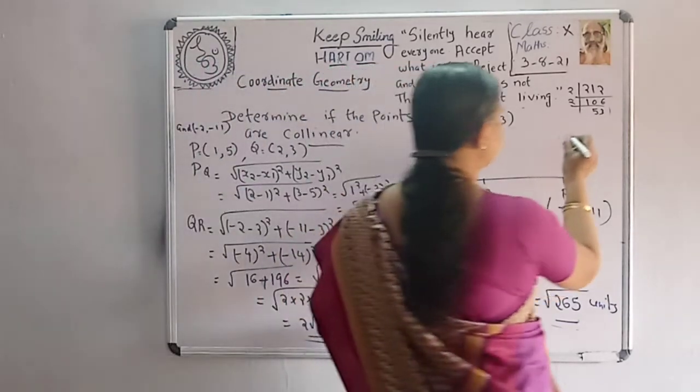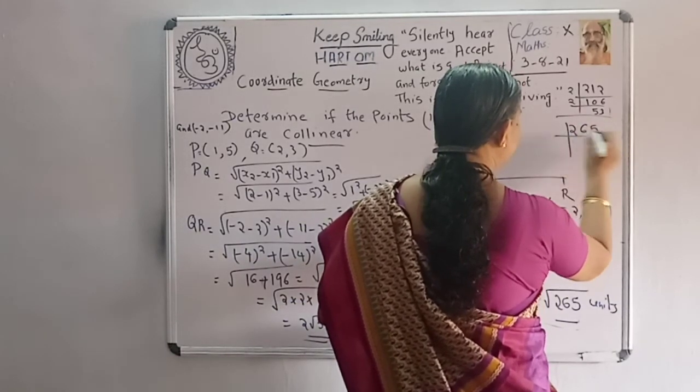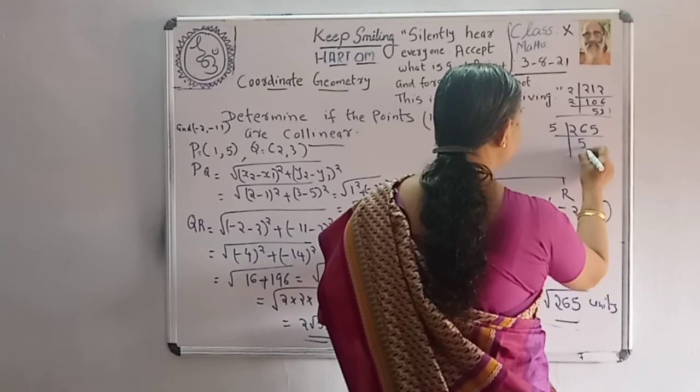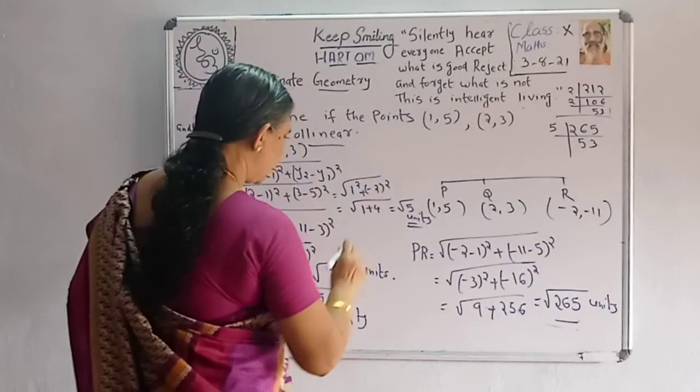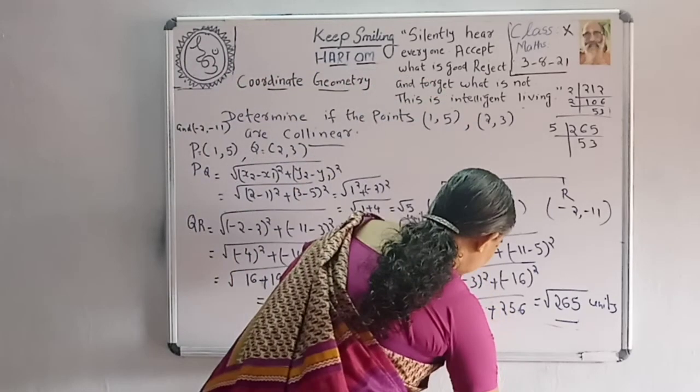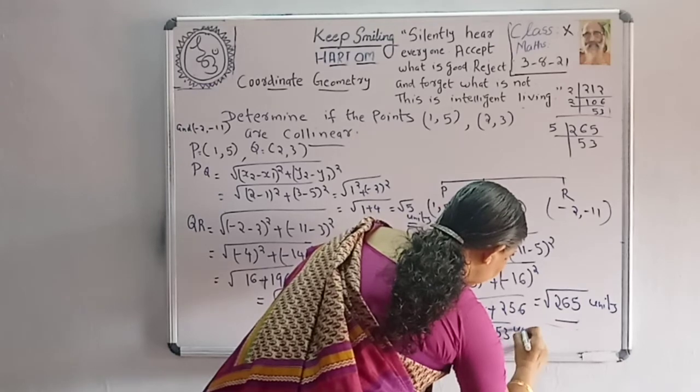Then root 265: 265 can be factorized as 5 into 53, so it is the square root of 5 into 53 units.